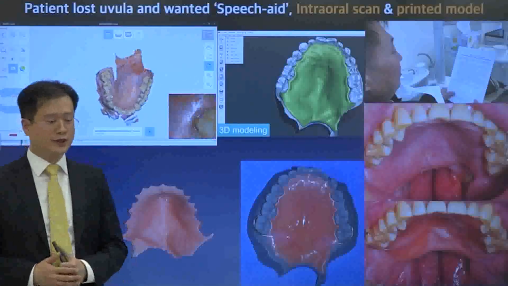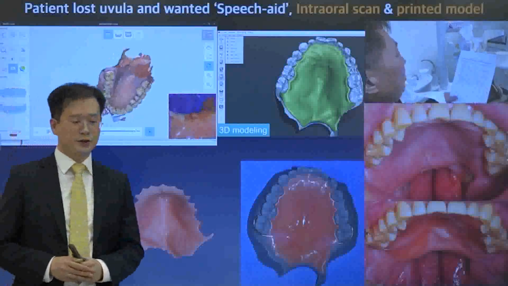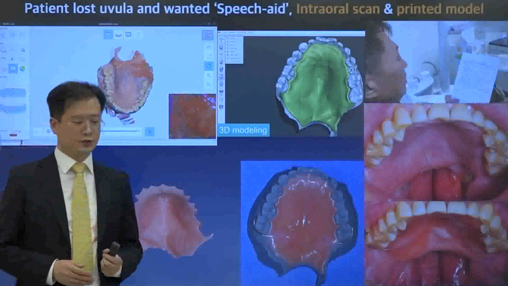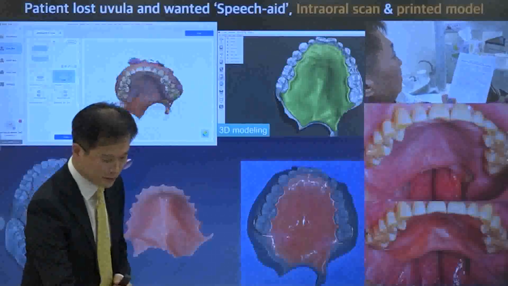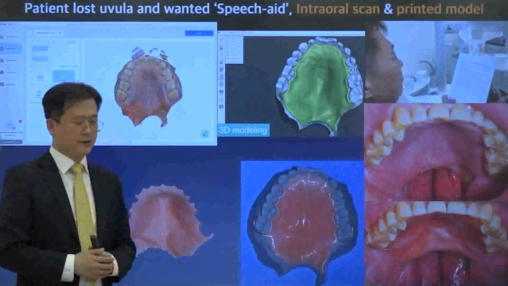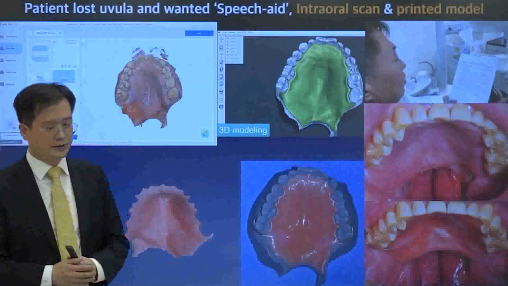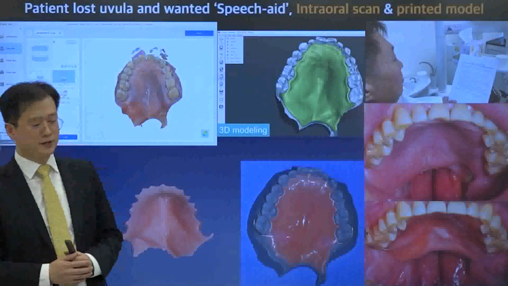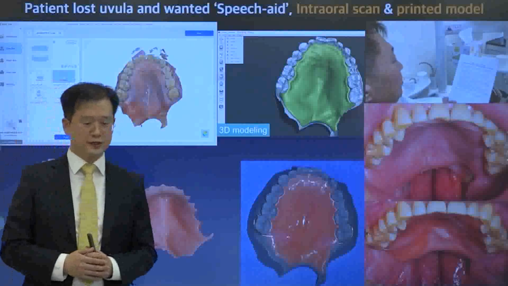One patient with a husky voice visited the clinic, and he wanted to get his normal voice back. He had undergone cancer surgery, and his uvula had to be resected.